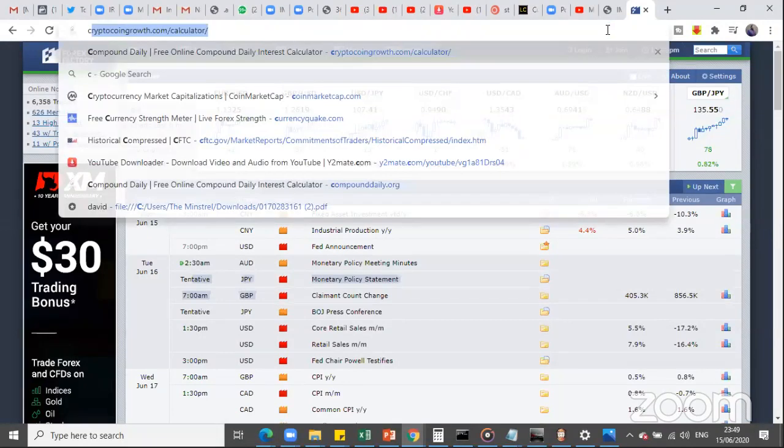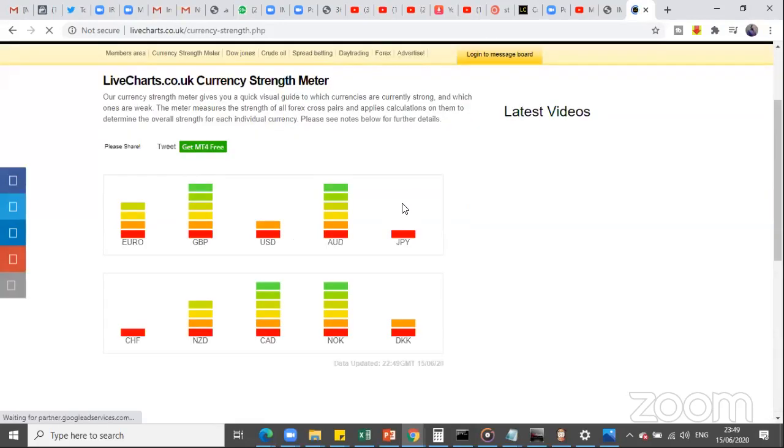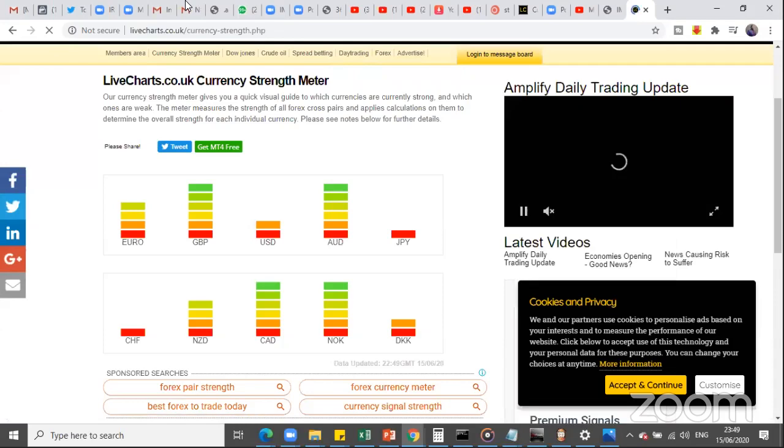The next thing I do, I come to the currency strength meter, okay? And I want to pick the weakest and the highest. Everybody on the call, which has the highest bar, list them on the chart right now. Now on binary, guys, which one has the highest bar? Mention the currency pairs that have the highest bar.